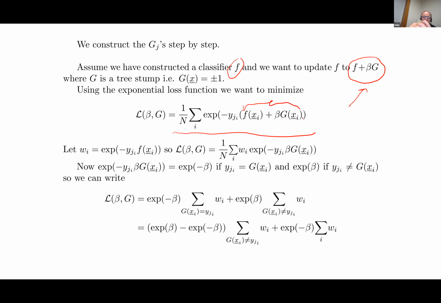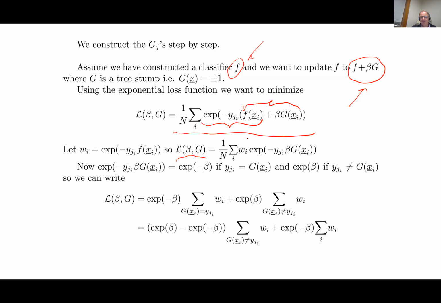And so let's put the weight wi equal to the exponential of this part here. So this is sort of the local loss functions for the old classifier here. So let's put those equal to wi.